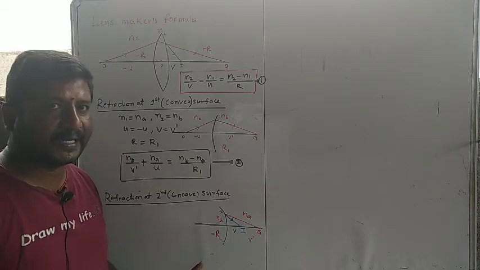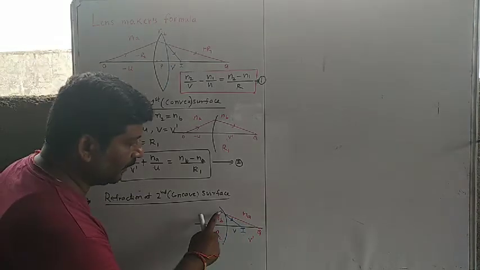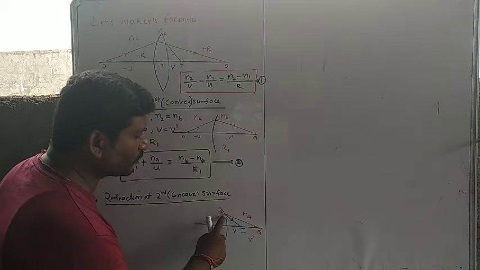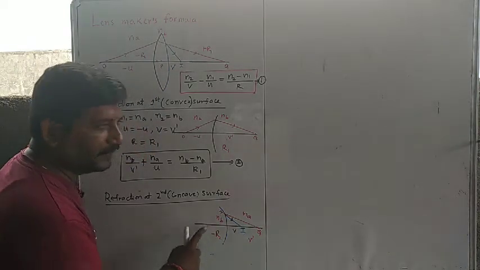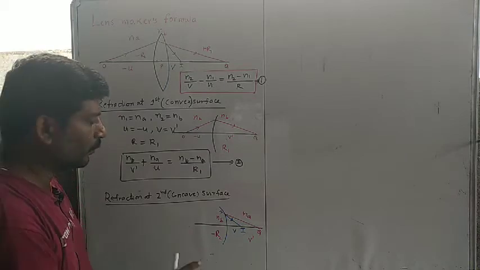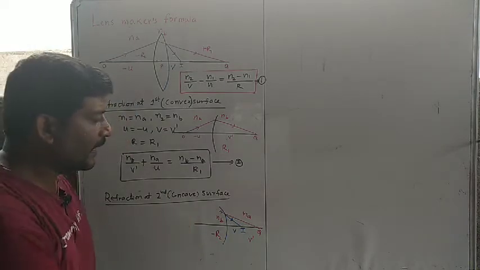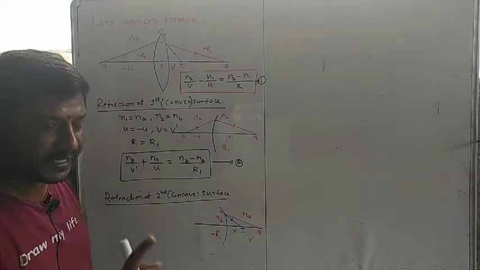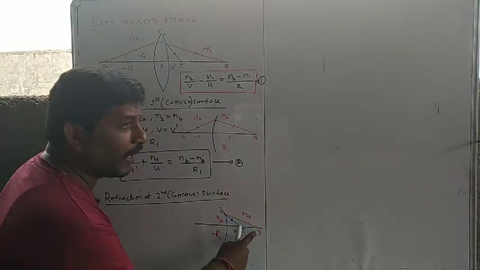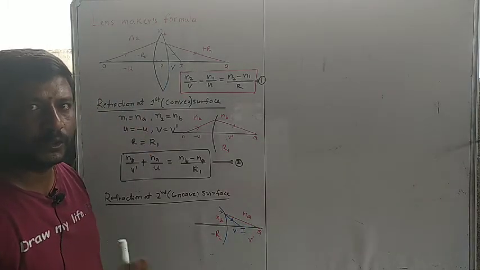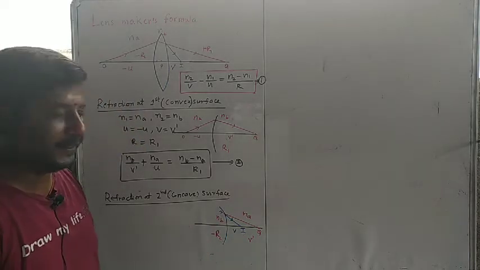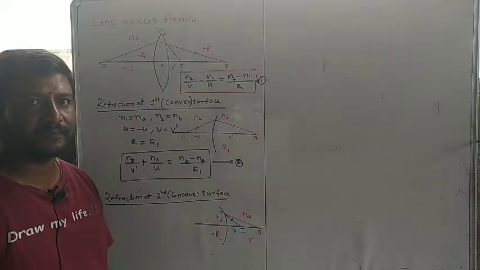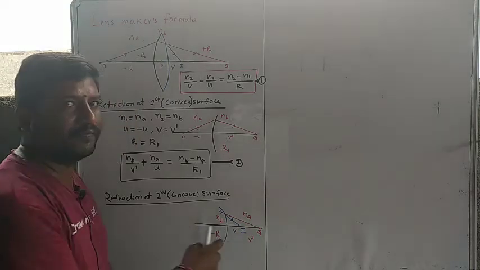And for second refracting surface Q acts as object and I is image of this object.